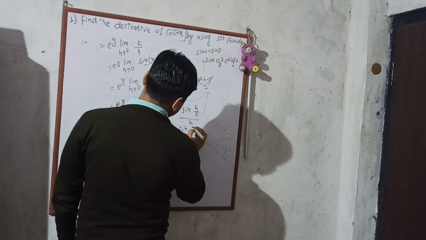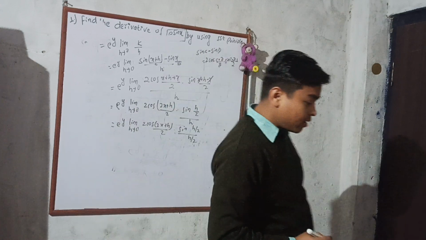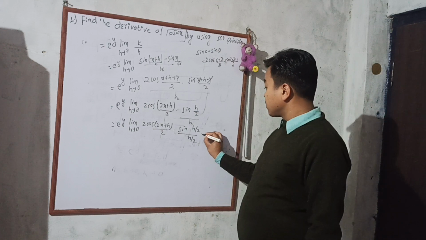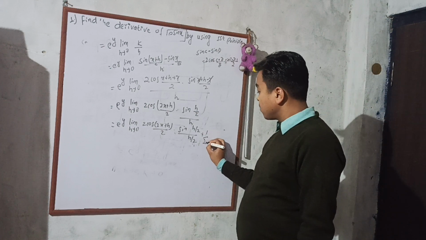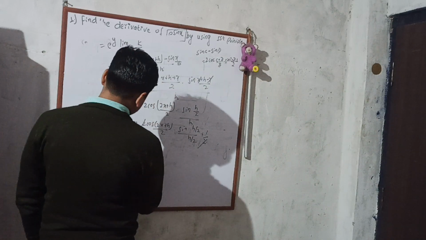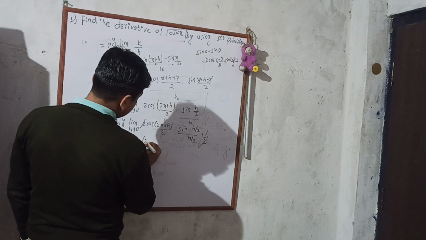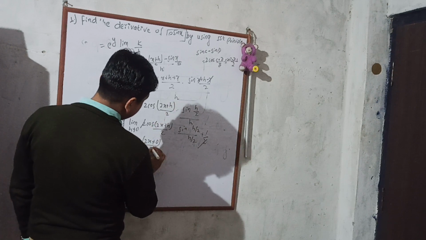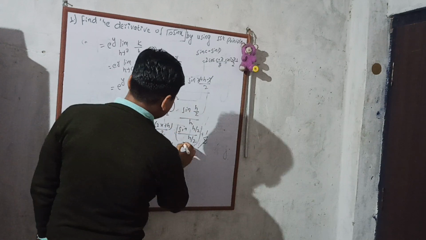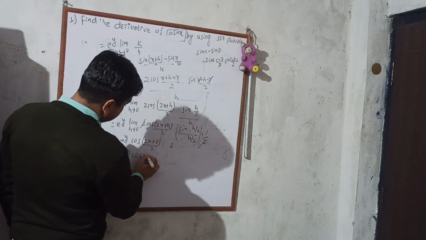Here is h, so h by 2, and multiplying by 1 by 2, these two cancel. Put the value h as 0: cos of (2x plus 0) divided by 2, and this sin term becomes the value 1.